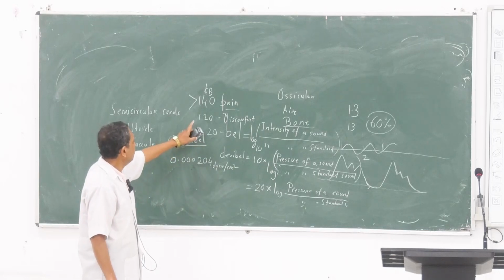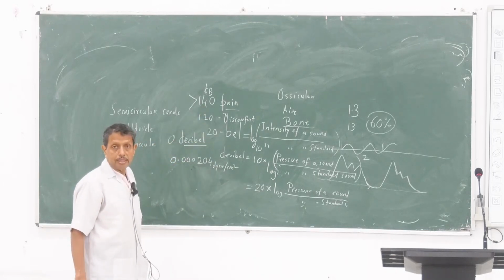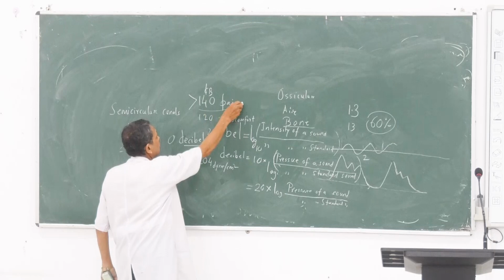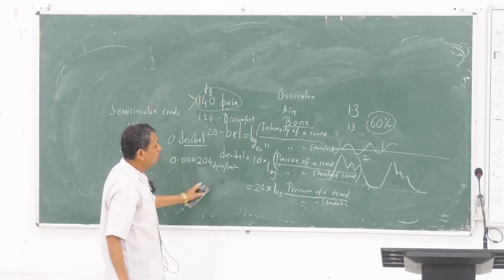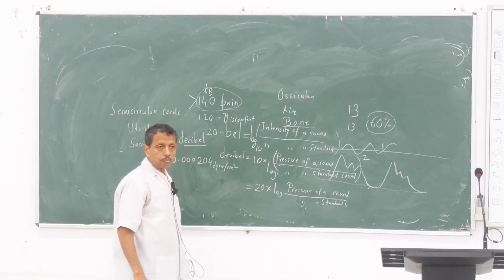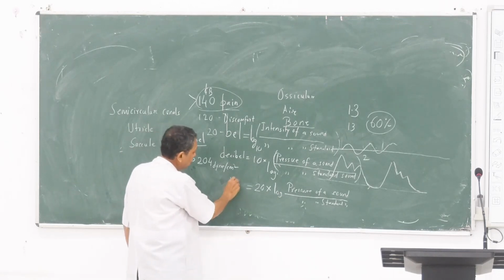Suppose you take the value of 140 decibel, that is pain producing. So how much is it? More than that of the standard sound. Suppose you take this value as 140.